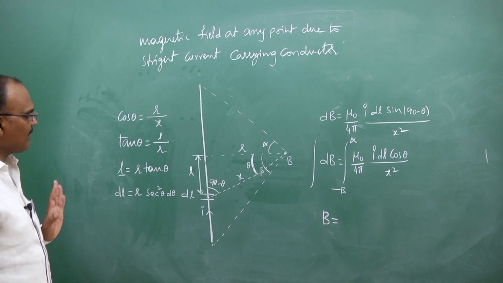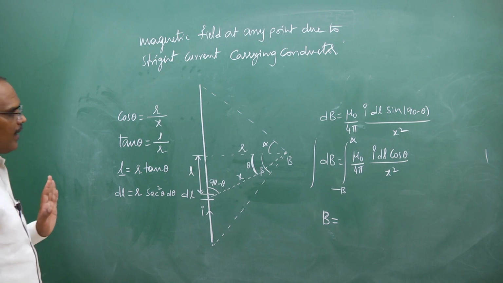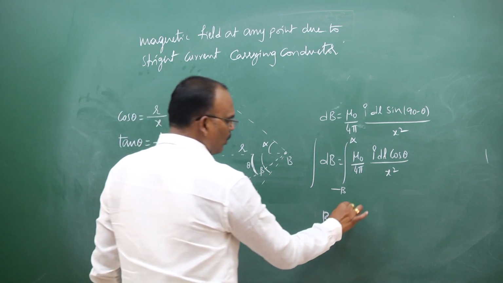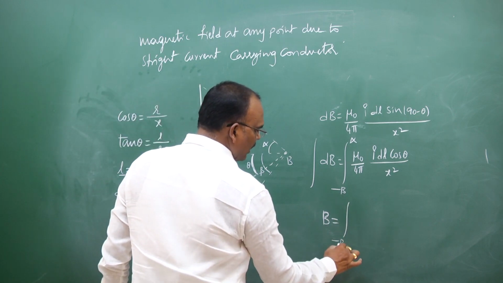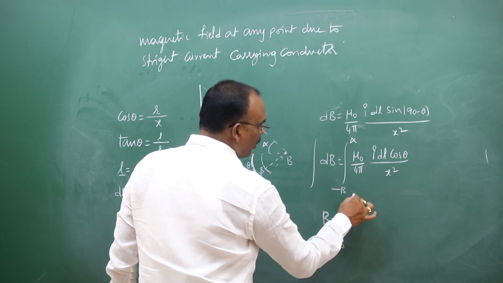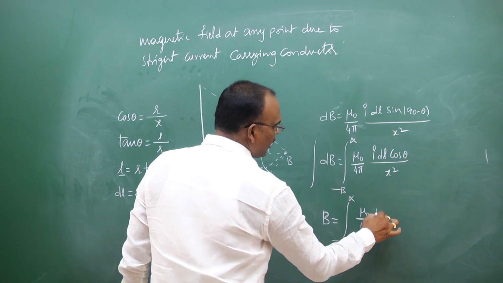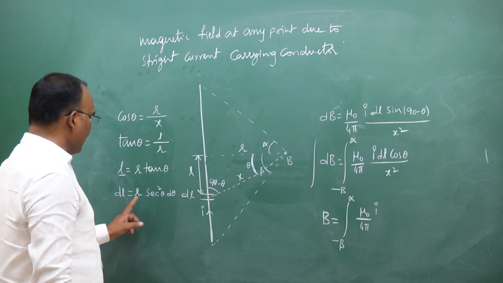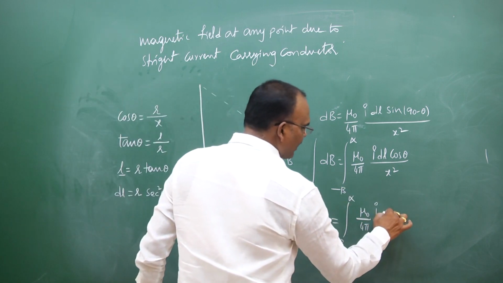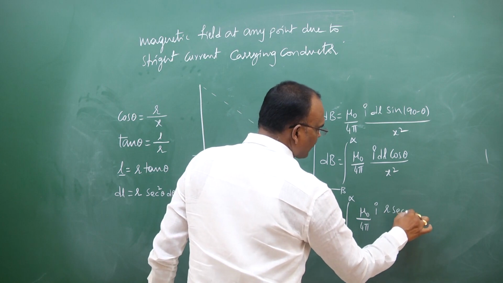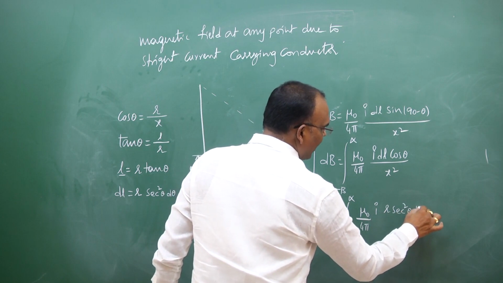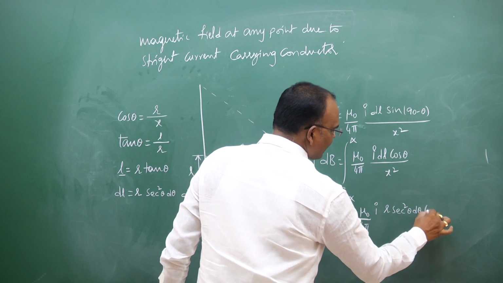So now we are going to substitute, from minus beta to alpha, mu naught by 4 pi I into dl, which can be written as R secant square theta d theta, into cos theta.